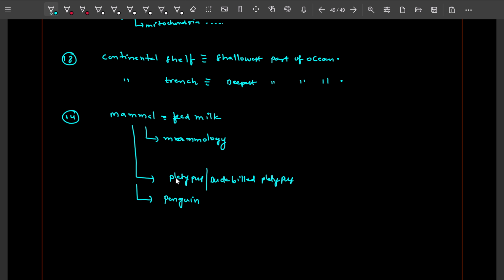Oh no, this duck-billed platypus is there, no? Platypus, and duck-billed platypus. Oh, no, no, this is not necessary. Please leave it, or we will see.